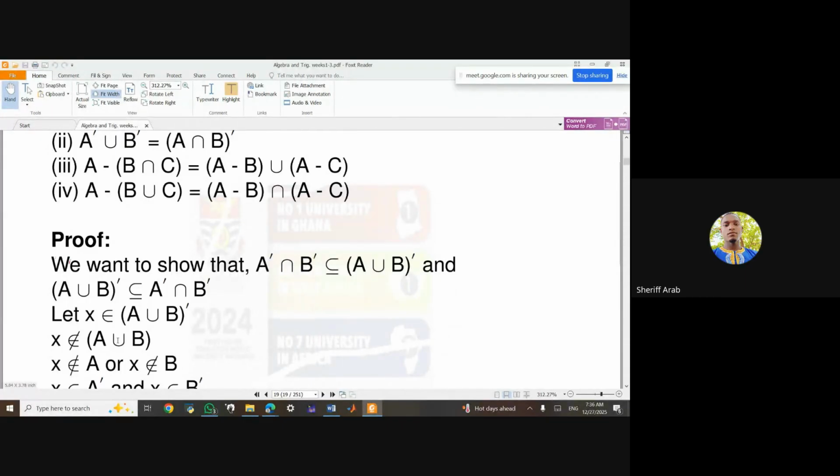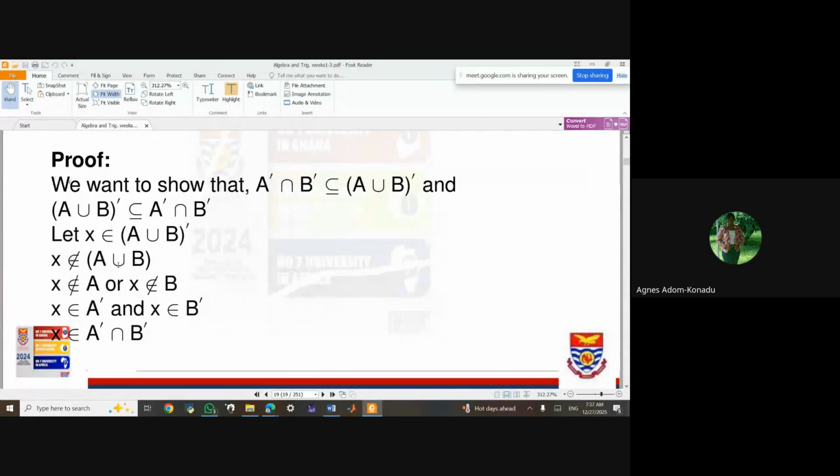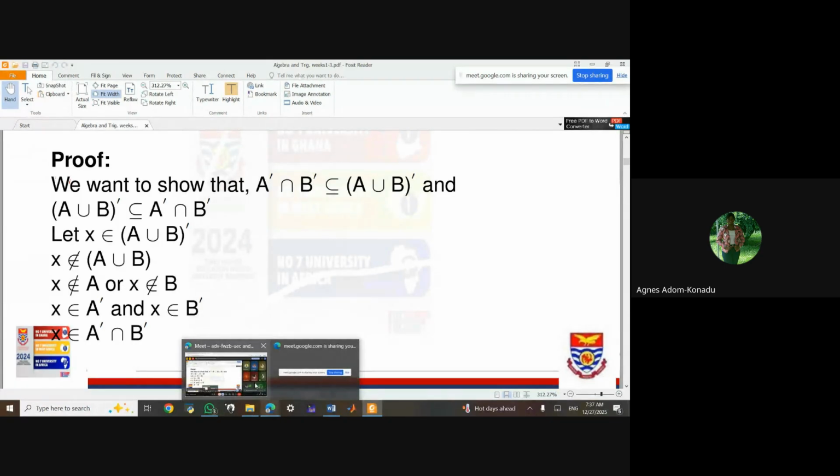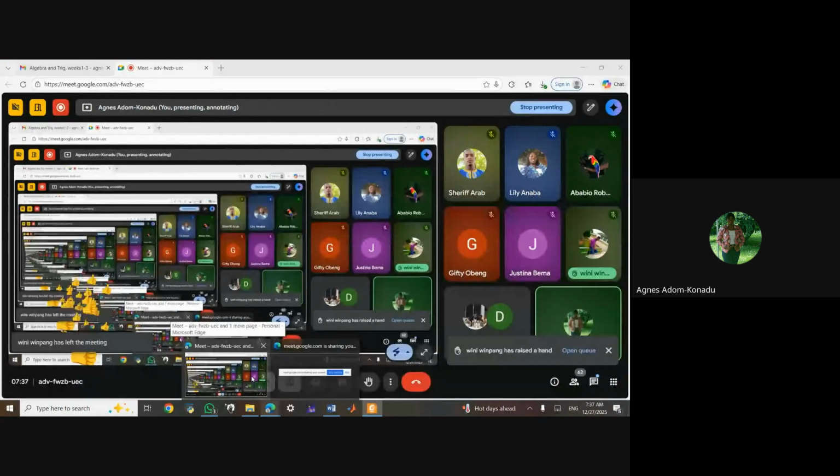Yes, madam. So if X is in A union B complement, then it cannot be in A union B. So X is not in A union B. So this means that X is not in A or X is not in B.